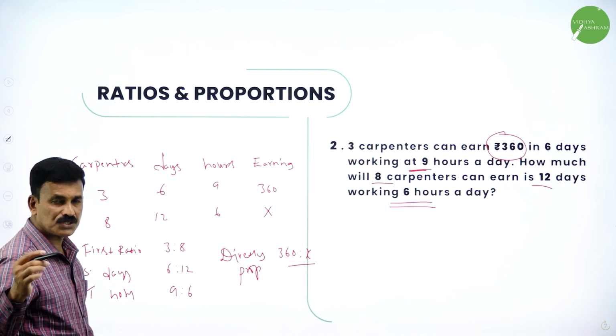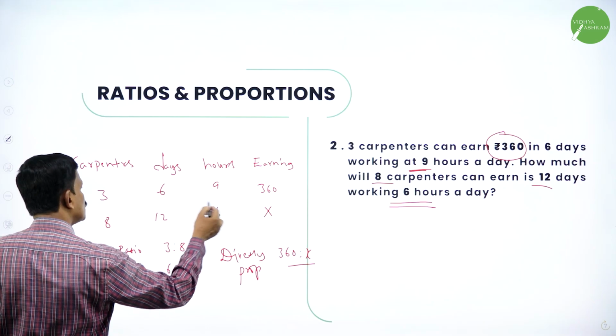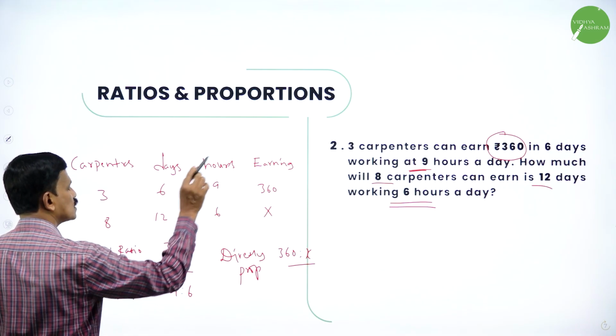3 into 6 into 9 into x is equal to 8 into 12 into 6 into 360.